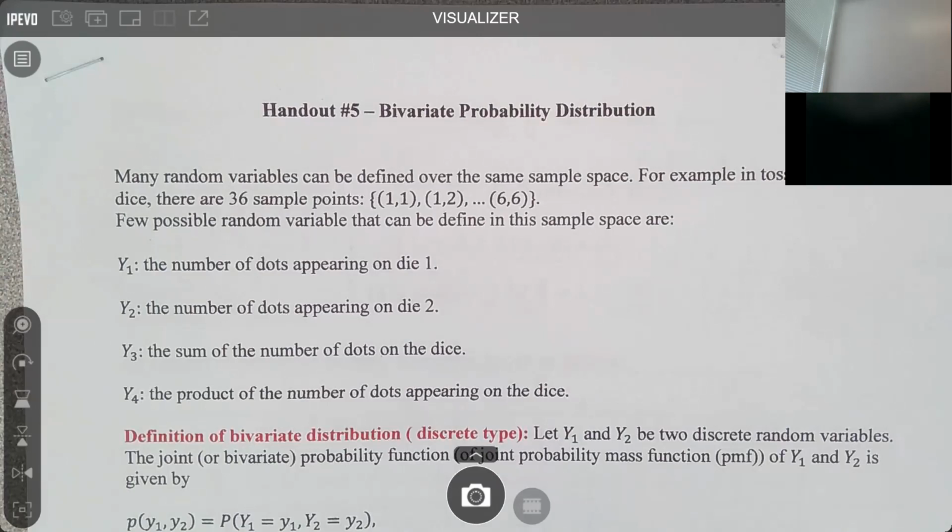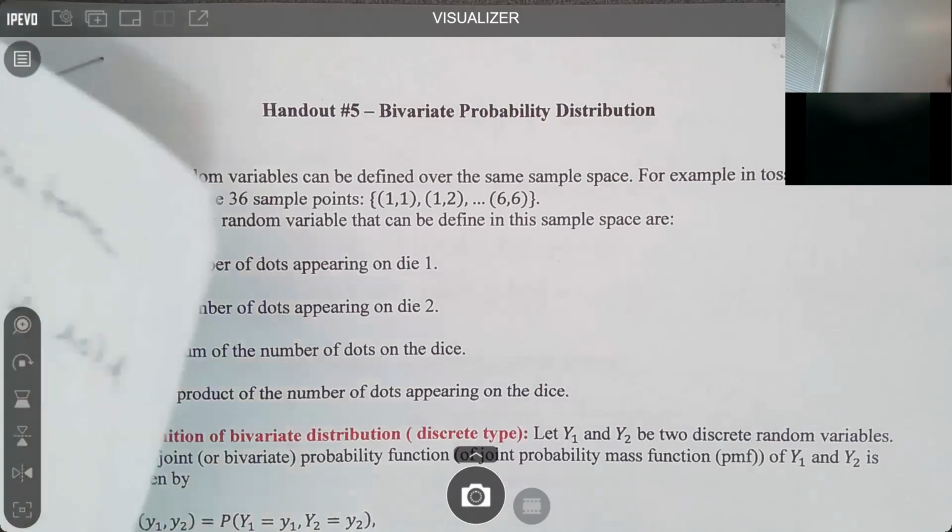Now, what about the beta function? Beta distribution. Y is distributed beta with 2 parameters, alpha and beta.